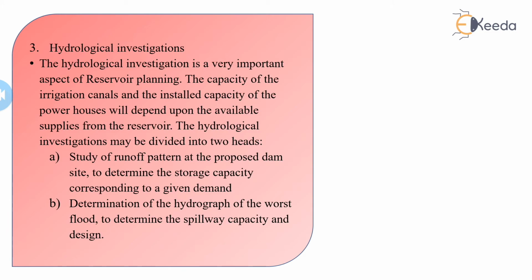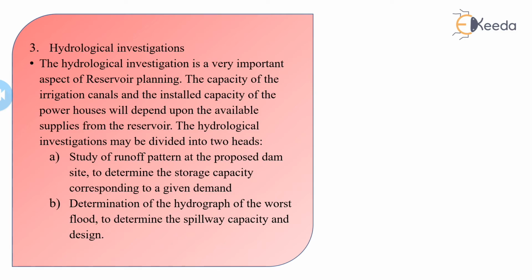So while investigating or deciding the final site of a reservoir, we have to do the hydrological survey also, that is the rainfall pattern, then the runoff pattern, and we have to determine exactly the storage capacity. The storage capacity tells us the demand of the water also.